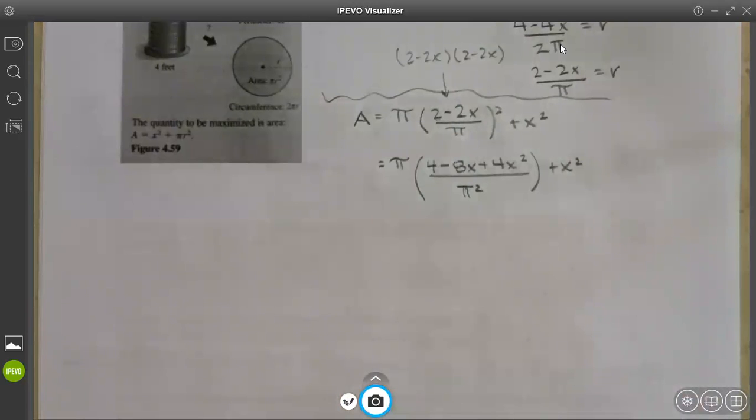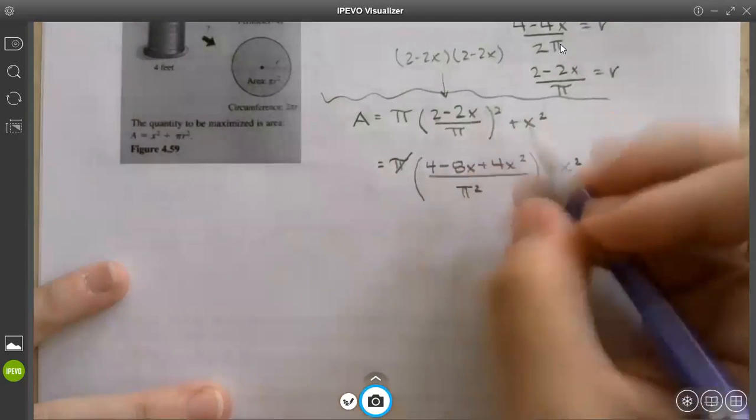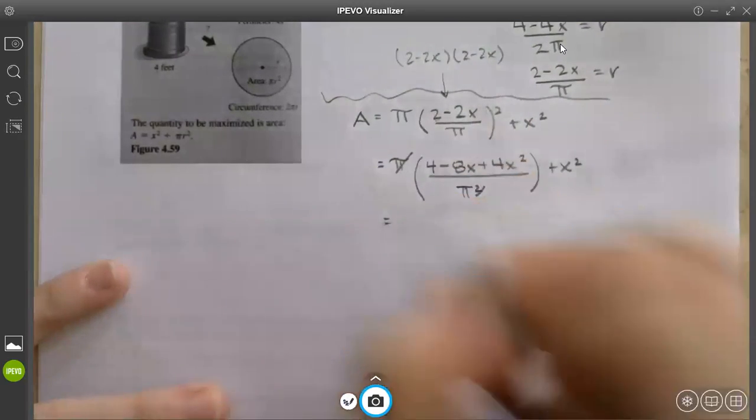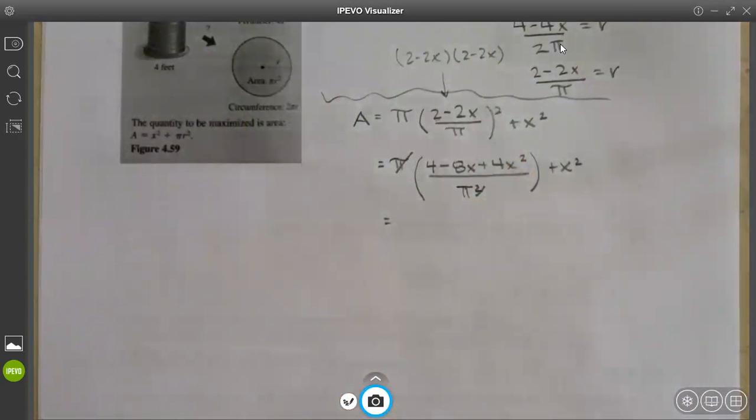What can I do now? You can cancel out one of the pi's. What else do I need to do? I wouldn't take anything out just yet. I would probably try to get a common denominator.